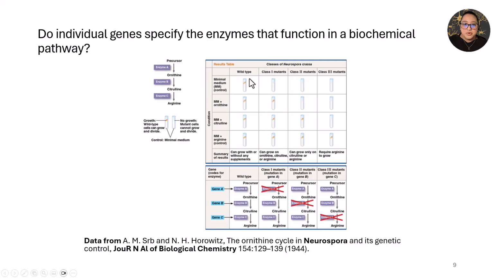And so in all of these, this is the wild type control. And again, you really have to do it every single time you do this. You can't just grow the control once and then say, all right, that's fine. Anytime you do an experiment, you have to run a control with the rest of the stuff in that experiment.